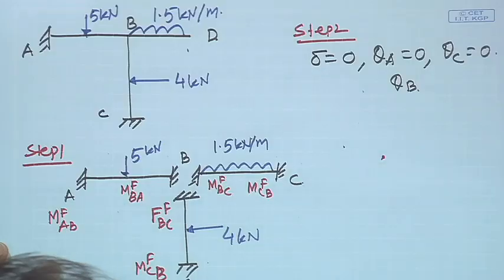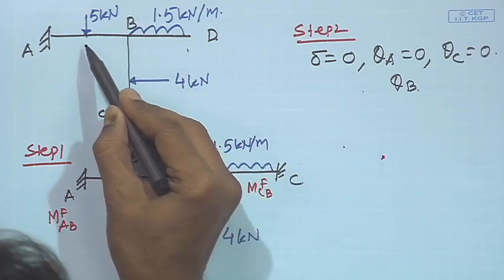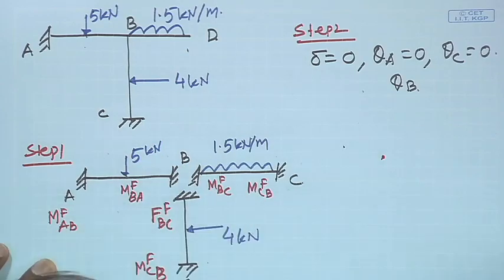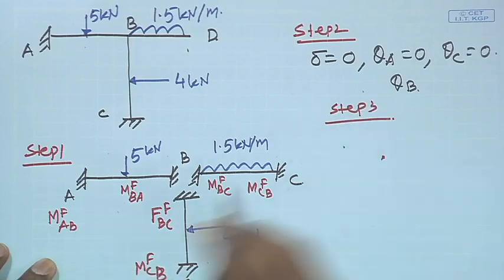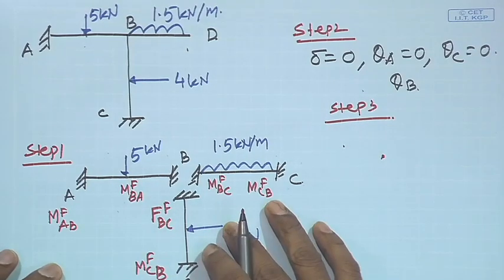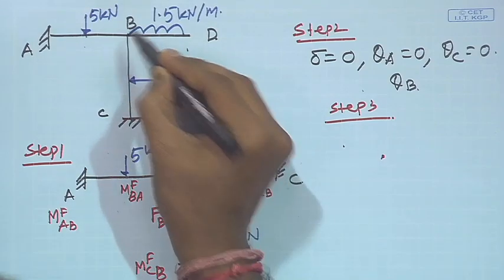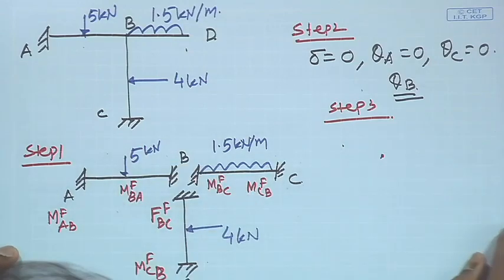Now, we apply the slope deflection equations for AB, BD and BC, so this is step 2, and then step 3 is applying the equilibrium condition. The equilibrium condition at B: you have just one unknown, theta B, so you need one equilibrium condition here.